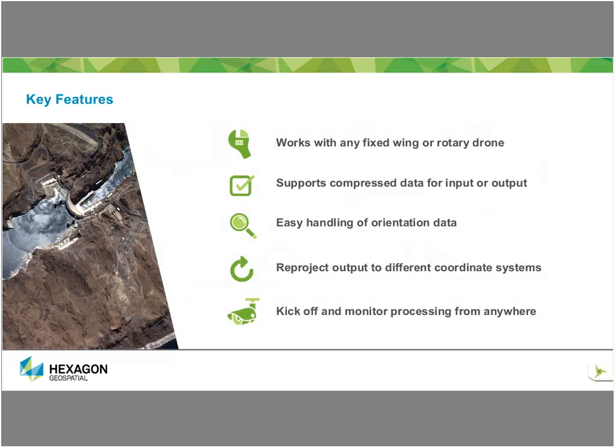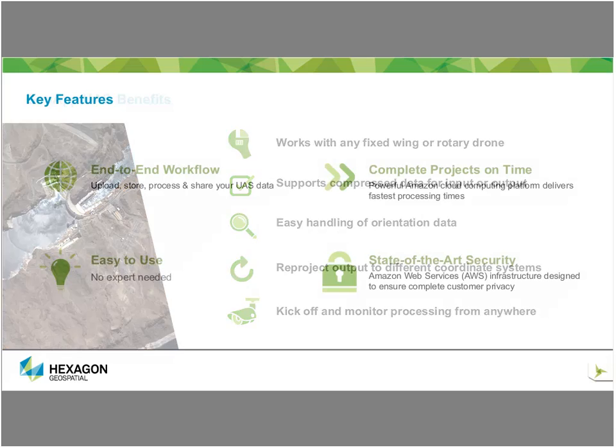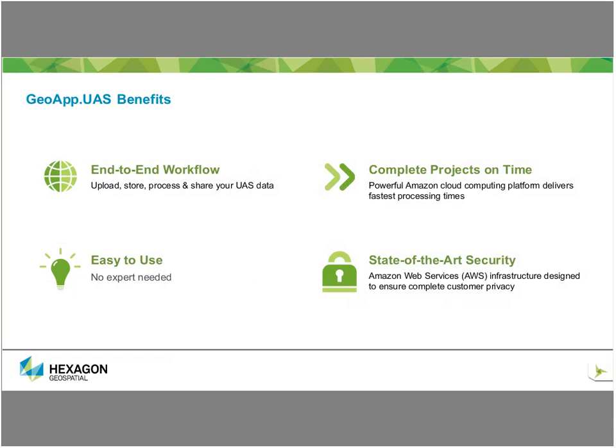And so Geo.App.UAS will allow flexible ingest of different orientation parameters. So what GeoSystems Germany have tried to do, and I believe have succeeded, is provide an easy-to-use end-to-end workflow that allows end users to upload, store, process, and share their UAV content, UAV data.